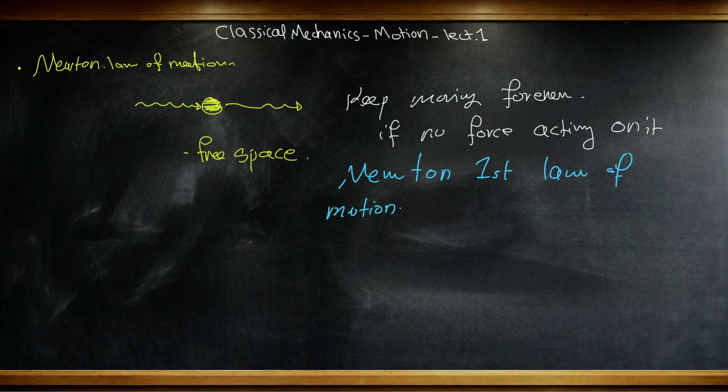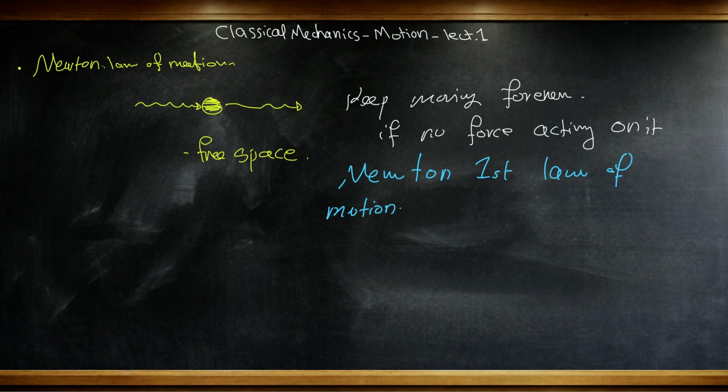An object will stay at rest or continue to move in a straight line at a constant speed unless acted on by a net external force. This is Newton's first law of motion, the law of inertia. The word inertia here means, in Latin, laziness. We can say that matter is lazy in that it does not change its motion unless forced to do so.